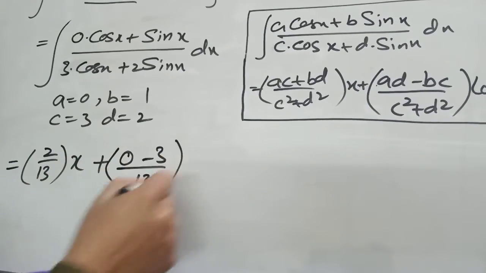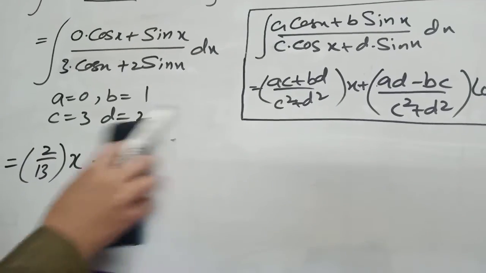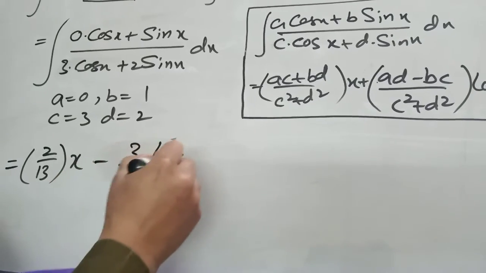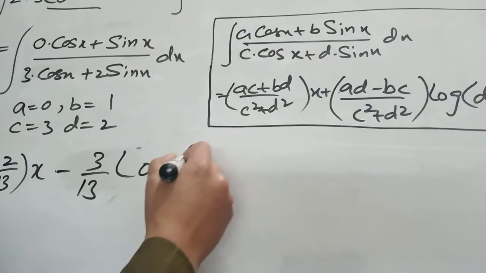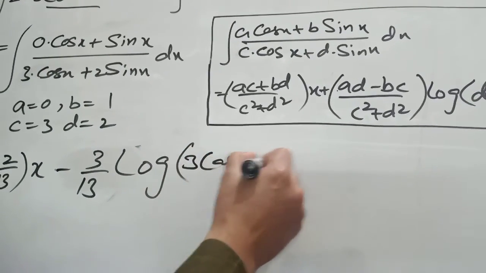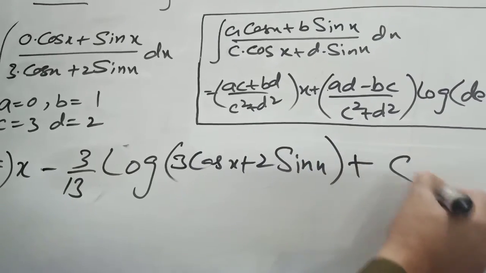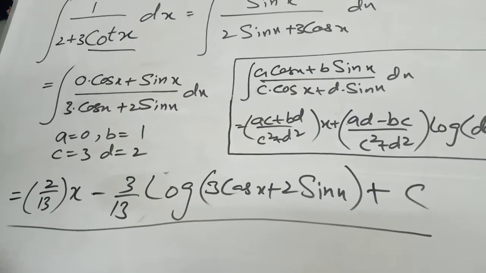So here 0 is again useless, we will write it like minus 3 by 13, and then log of the denominator, here we have the denominator 3 into cos of x plus 2 sine of x, and constant of integration c. Here we have the answer very quickly. Thank you.